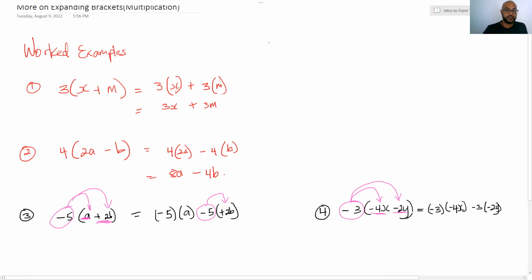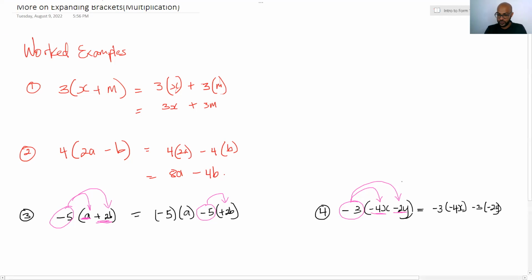To avoid any confusion, because I don't want you multiplying everything together, they just write minus 3 outside. So the minus 3 is being multiplied by the negative 4x. The negative 3 is being multiplied by the negative 4x, and negative 3 is being multiplied by the negative 2y as well. Once you write it like this, the next step is just to multiply each of them separately.